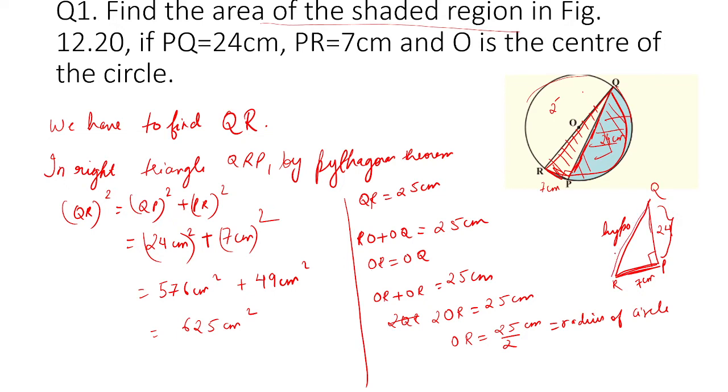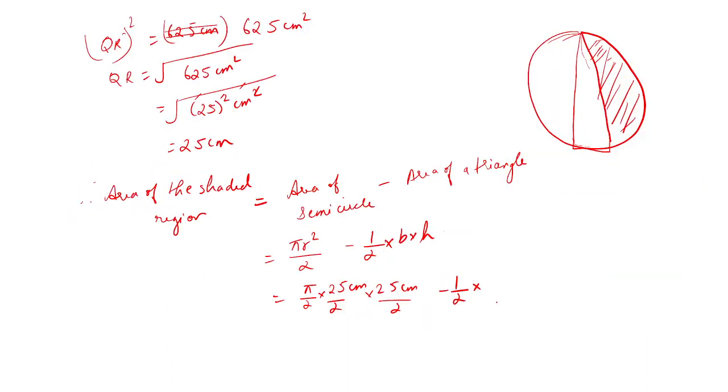Because imagine if you're standing, for anybody to calculate your height, you have to be standing straight. Only then you'll get the exact approximation of your height. So since this is a straight line, this is considered the height of the triangle, and this line is called the base. Clear? So the base is going to be 7 centimeter and the height is given as 24 centimeter. So you can cancel this. 2 into 12 is 24.